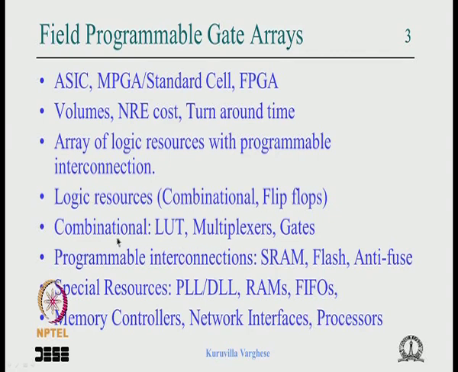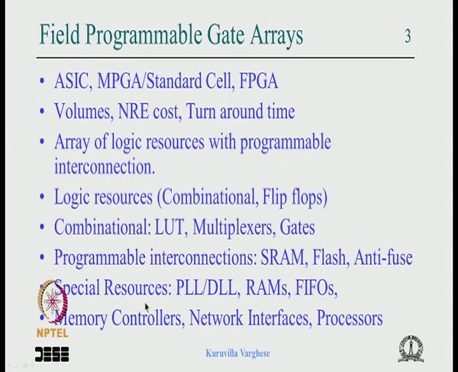Most FPGAs use a lookup table as the combinational circuit element, and some use multiplexers, some use gates, mainly the Actel and antifuse FPGAs. And the programmable interconnection technologies are called SRAM, an unfortunate name, flash and antifuse.